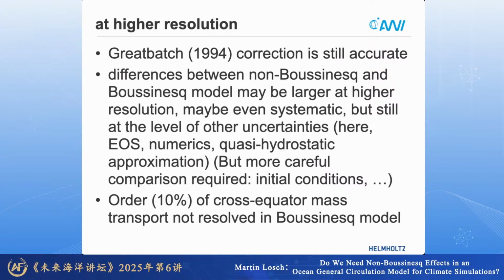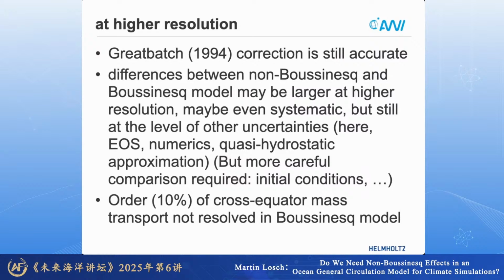But, and this is the thing that I wanted to mention, if you use this pressure coordinate model system, it is not more expensive to run non-Boussinesq models because the code is identical. It's just a reinterpretation of the vertical coordinate.